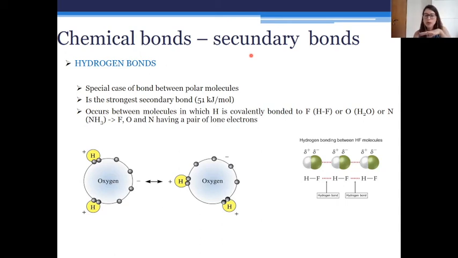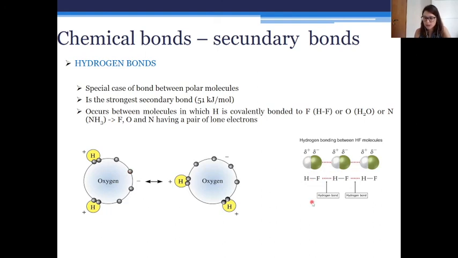So here this hydrogen will create a bond with this fluorine or oxygen or nitrogen that has a pair of lone electrons, and it will result in such a kind of bonding.